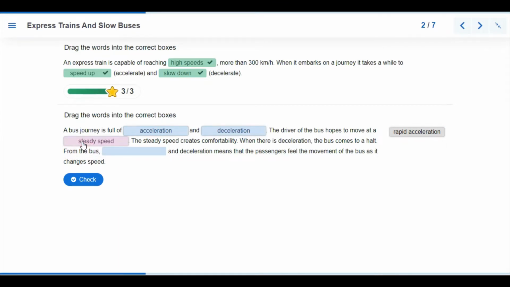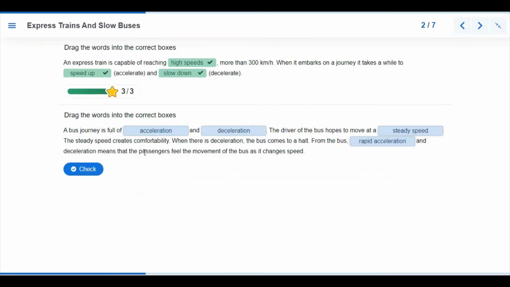When there is deceleration, the bus comes to a halt, that is, to a stop. From the bus, rapid acceleration and deceleration means that the passengers feel the movement of the bus as it changes speed.